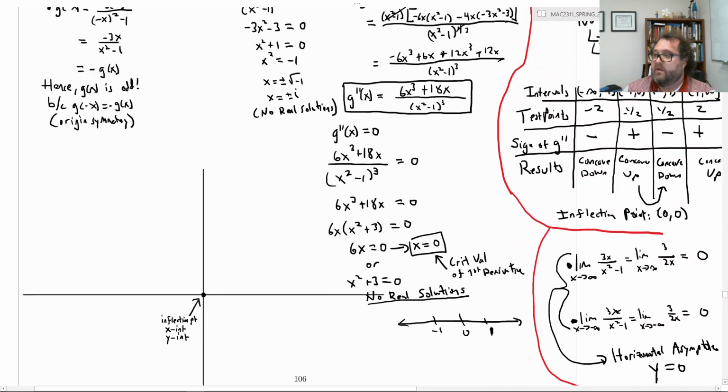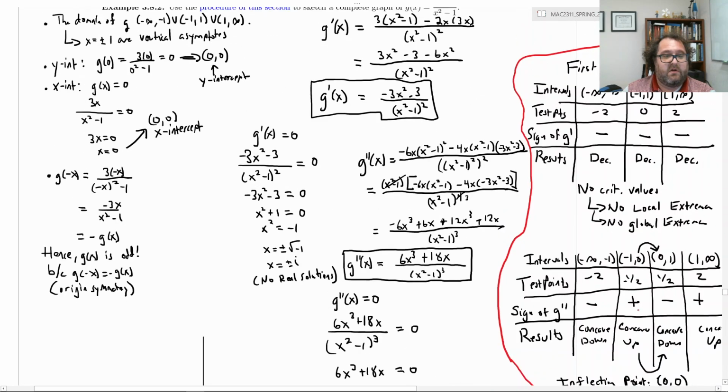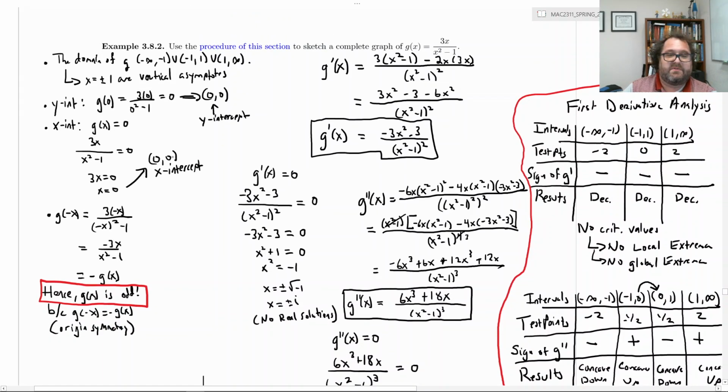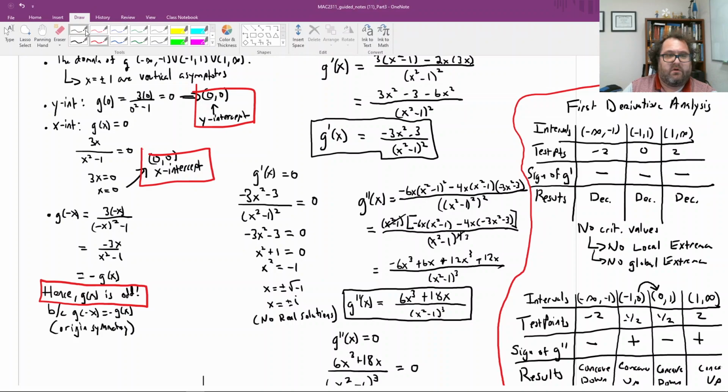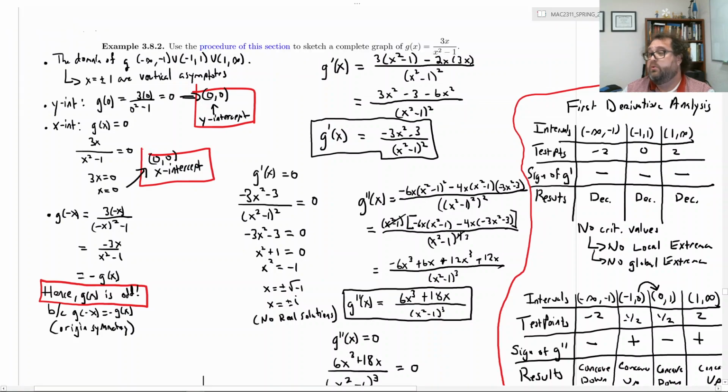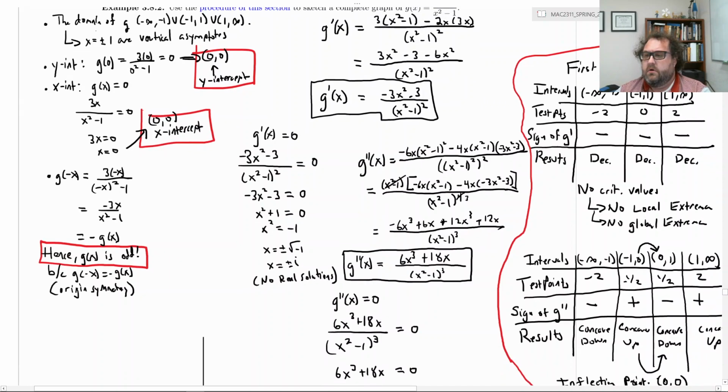Okay, and then if we go back up, we have odd symmetry, or odd function, which is origin symmetry. And then we have our intercepts, so x-intercept, y-intercept. I think that's about all the super important information. But I think that means we don't have any other known points on our graph. But we don't really need them, okay?